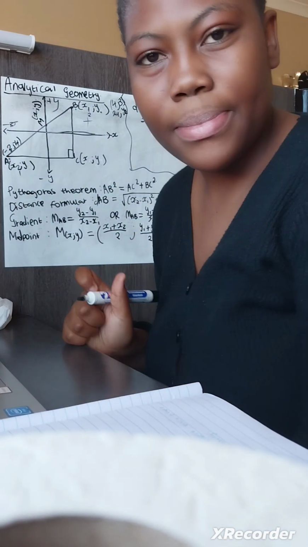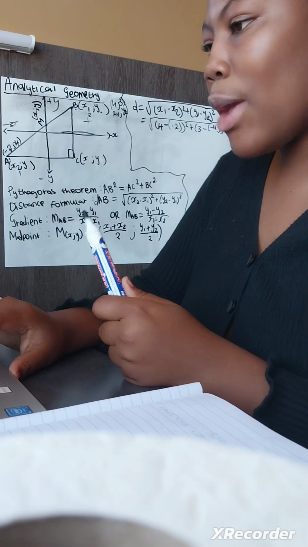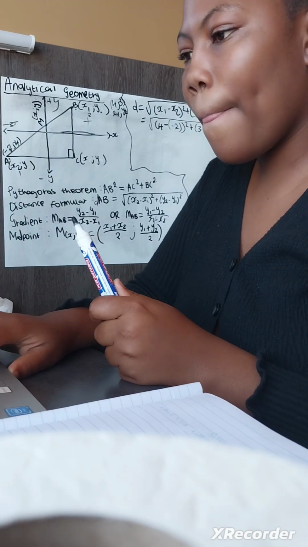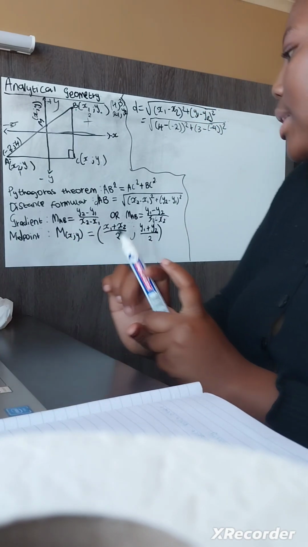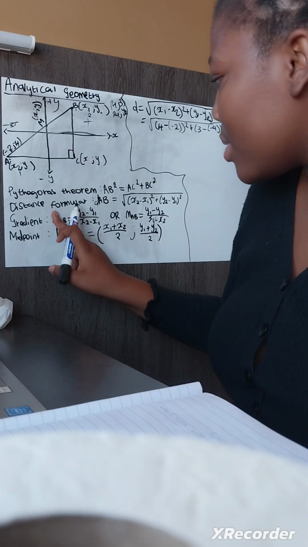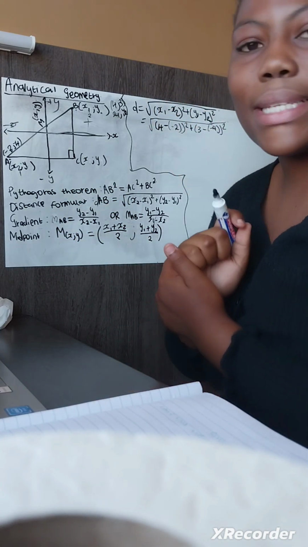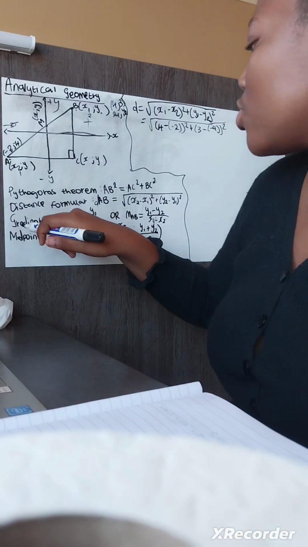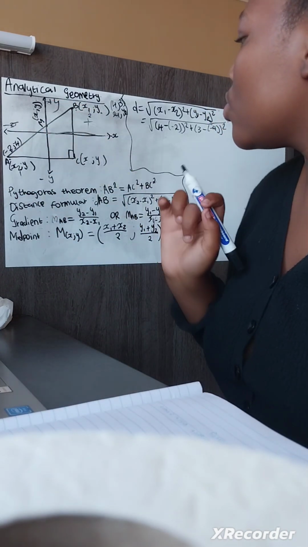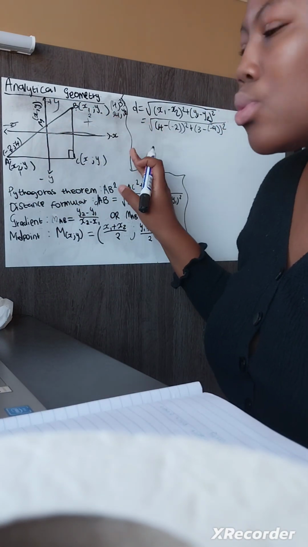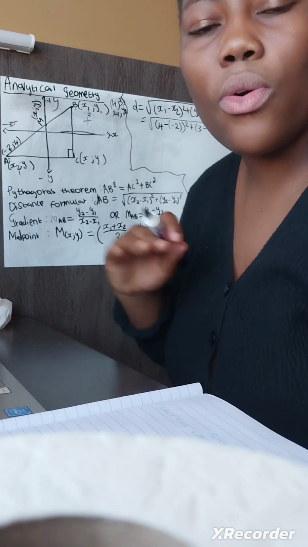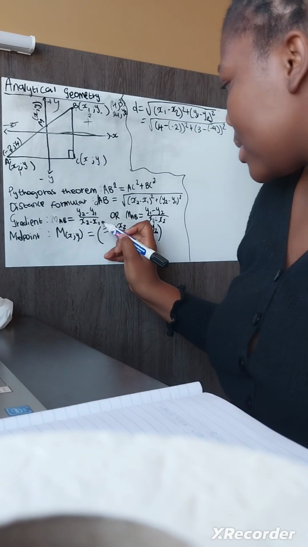Do you get me? Then we have the gradient. Here is our gradient. It is represented by a small letter m. So we'll have the gradient of AB, the 2 points, will be y2 minus y1 all over x2 minus x1.